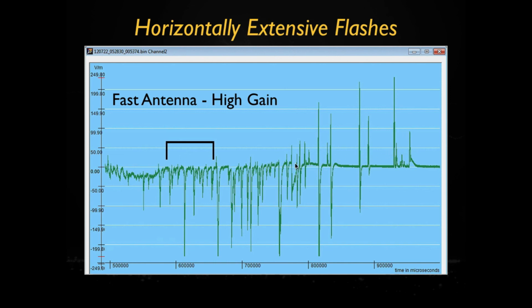And what's interesting is when we look at the high-speed video and correlate it relative to where the sensor was, these later recoil leaders actually formed behind or beyond.